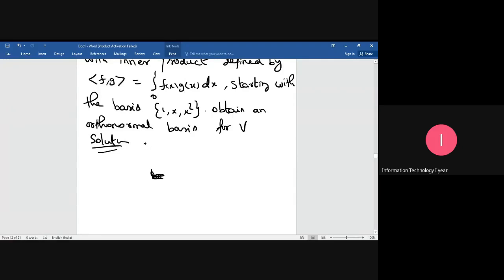So here I am writing the solution: to find the orthonormal basis for V. Orthonormal basis for V we are going to find out, but before that we need an orthogonal basis.